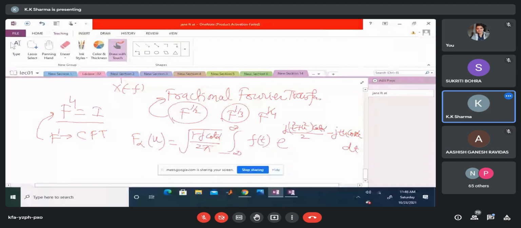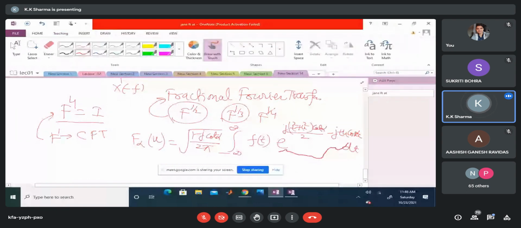So you see this kernel, e to the power j (t square plus u square) by 2 cot alpha minus j t u cosec alpha.